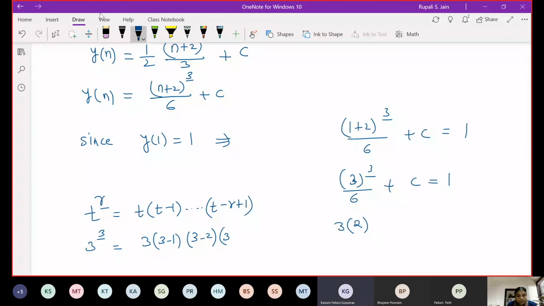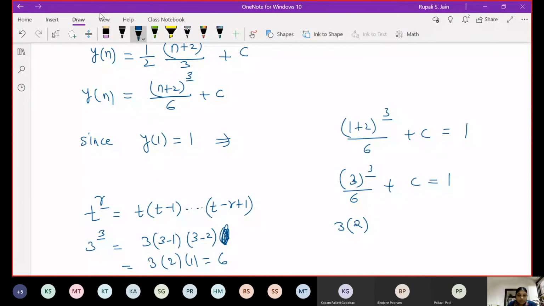It will only go up to 1 at the last. So it is 3, 2 and 1, which is just 6. So 3 to the 3 falling is 6.